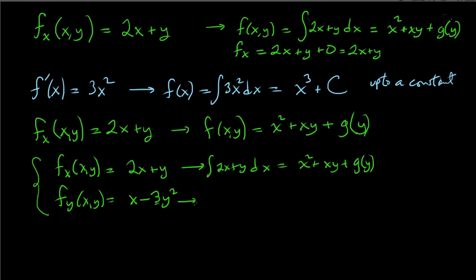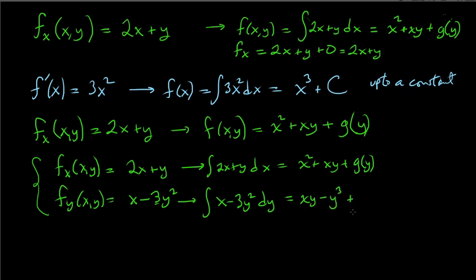So now if the y partial is equal to x minus 3y squared, to find the original function, I have to integrate x minus 3y squared, but now with respect to y. Now we treat x as if it were a constant, and we get x times y minus y cubed.